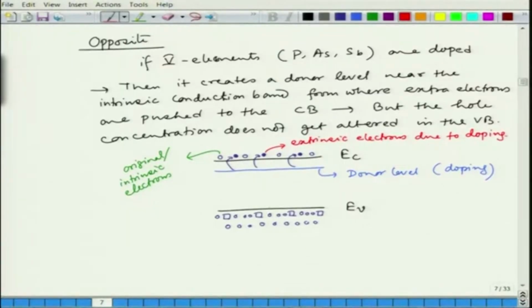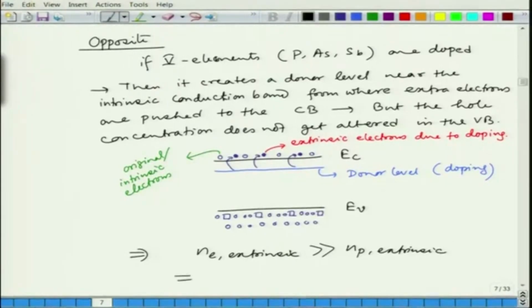Okay. So, as a result, the electron concentration in the extrinsic semiconductor will be much greater than the hole concentration in the extrinsic semiconductor, isn't it?